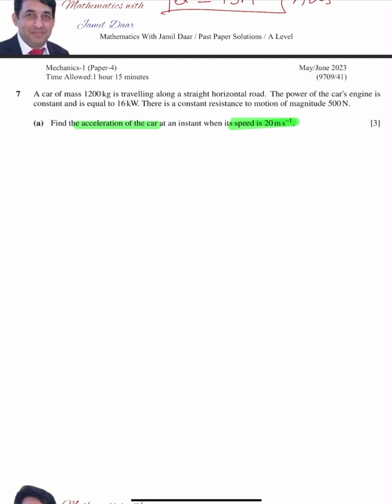Okay, this is question number 7. A car of mass 1200 kg is traveling along a straight horizontal road. The power of the car's engine is constant and is equal to 16 kilowatt. So power is given 16 kilowatt. That means 16,000 watts. There are 1000 watts in 1 kilowatt.